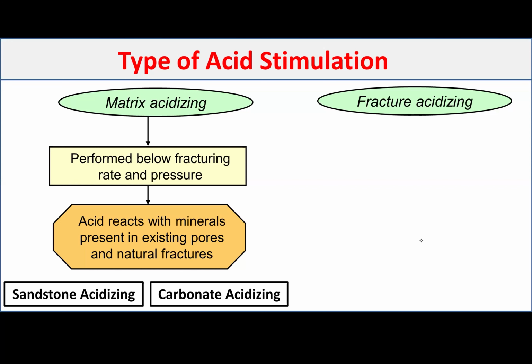The other type of matrix treatment is called carbonate acidizing, and as the name says, we are injecting the acid in a carbonate formation. In this case, we mainly use HCl or some sort of organic acid. But those are the main two definitions.